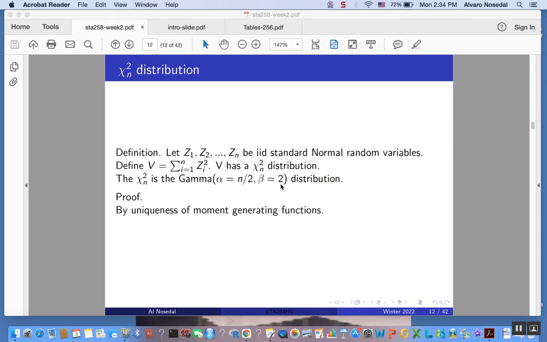Just like we showed that other result, theorem 7.1, where we used the MGF approach, again, we're going to be using that same approach to show this result.